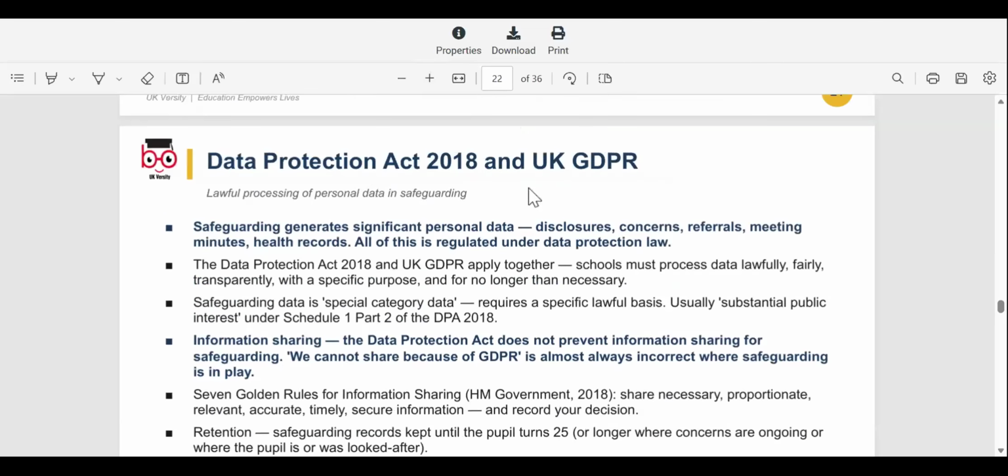We then go on to data protection. Again, data protection is important in everything, mainly in schools. It's governed by GDPR, which sets strict rules for organisations handling personal information, especially in schools, and the core data must be processed legally.